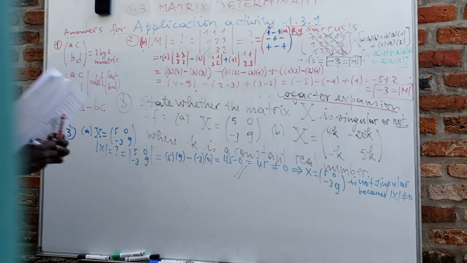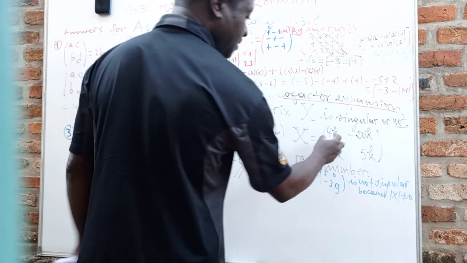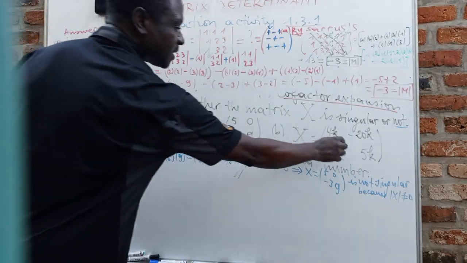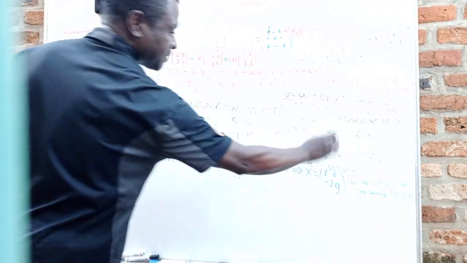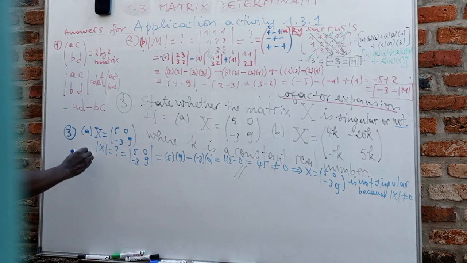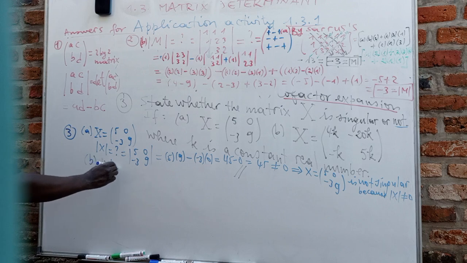Now, suppose that the matrix X contains some parameter k, which is a constant real number. In this case, we look at its determinant.